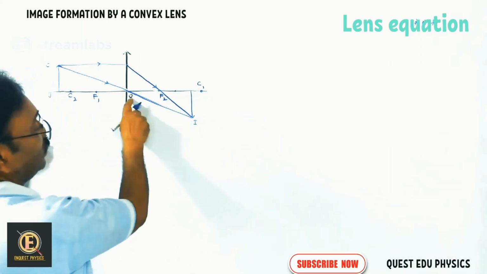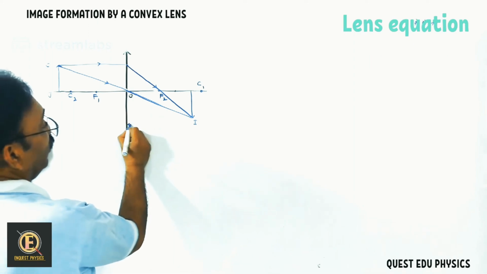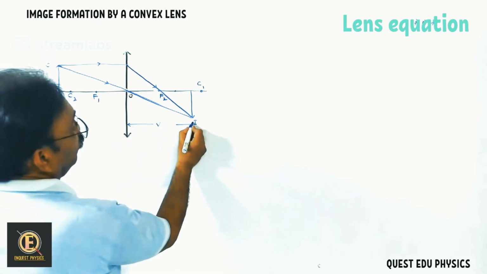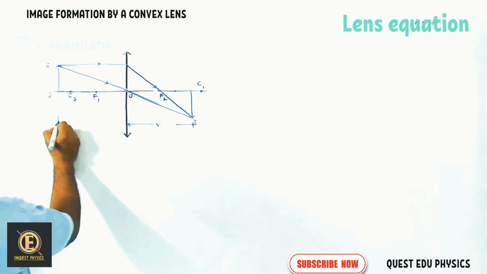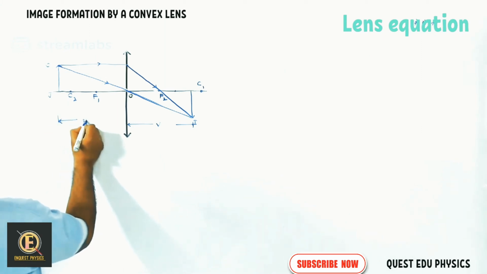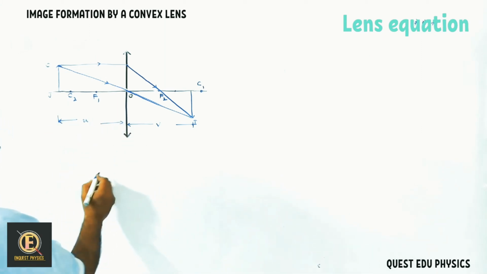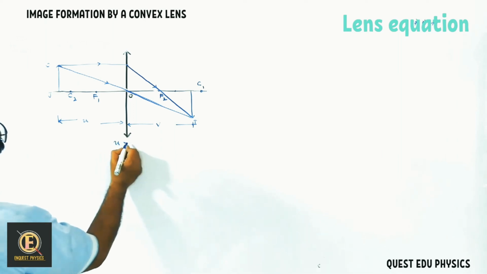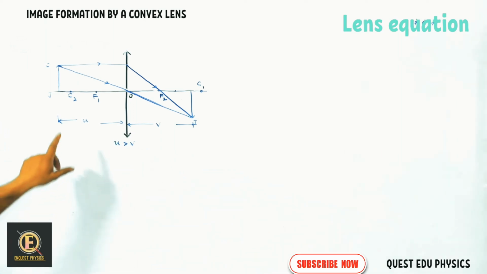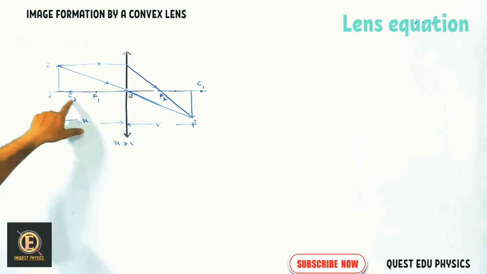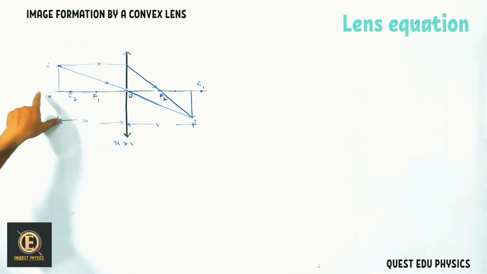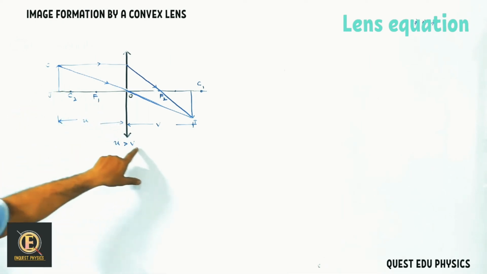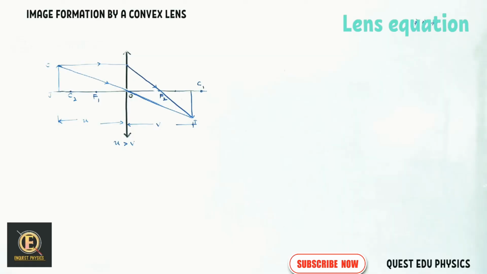That's why this distance we call V, the image distance, and here it is U. Okay, U is greater than V, students, all the time. If you see, the object is kept beyond the center of curvature, U is greater than V.